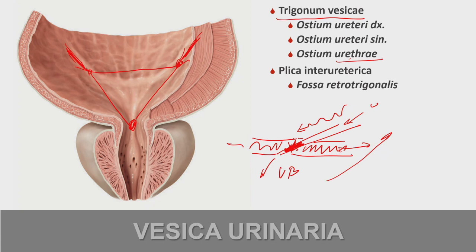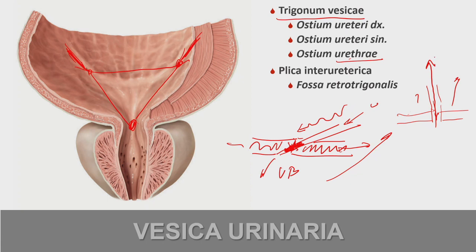This protection is sometimes impaired in some patients, typically in some children. You can observe multiple recurrent infections of the urinary system, and it is caused because this mechanism is different. If you have a perpendicular course of the ureter, then what happens when the bladder is inflated? It is opened, and the urine could flow back.